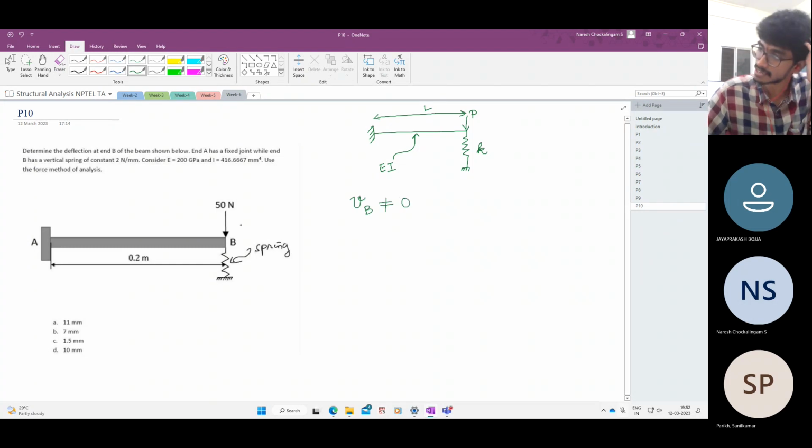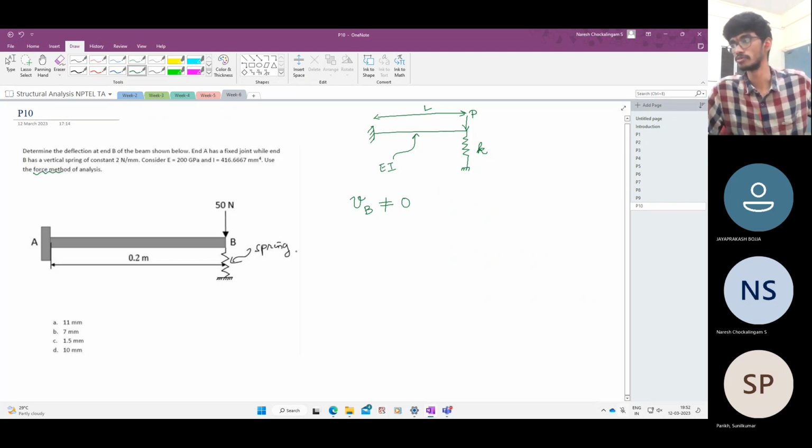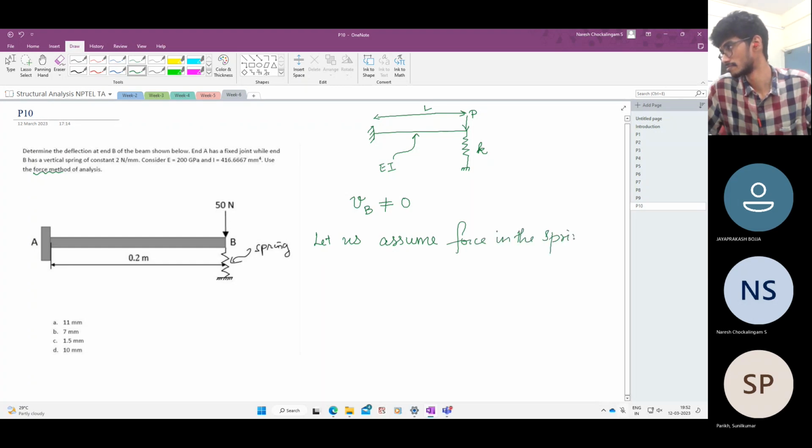So what is the condition that comes here? That's a very interesting thing to do. We can do this problem by 2 methods, but they have said use the force method of analysis, which means the force in the spring should be unknown. So let us assume the force in the spring as unknown F.